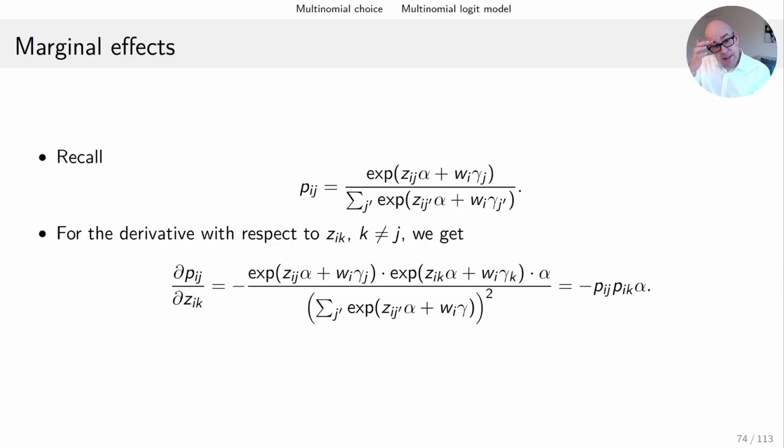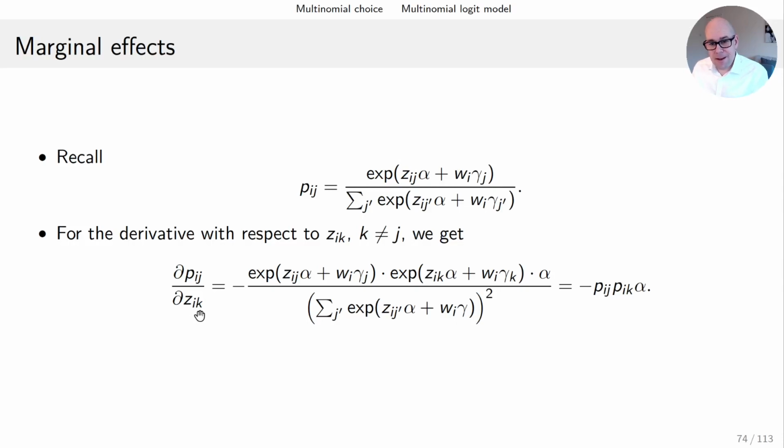Good. So next, let's look at the derivative of the choice probability with respect to characteristics of other alternatives. That's a very similar and actually simpler derivation than what we've just seen. So again, this is the starting point. This is my Pij. So what I will now have to do is to take the derivative with respect to Zik.